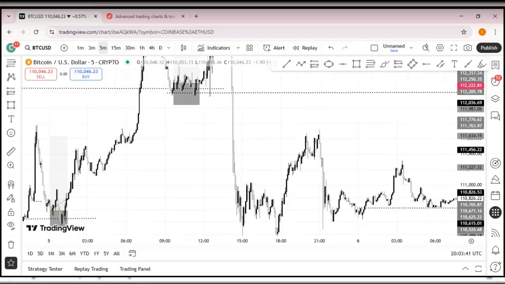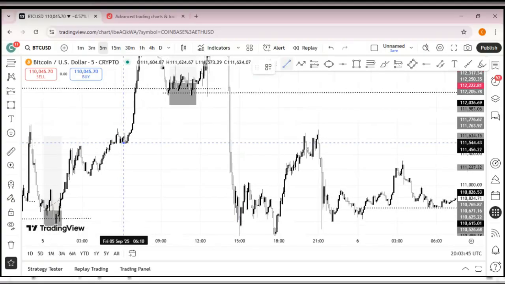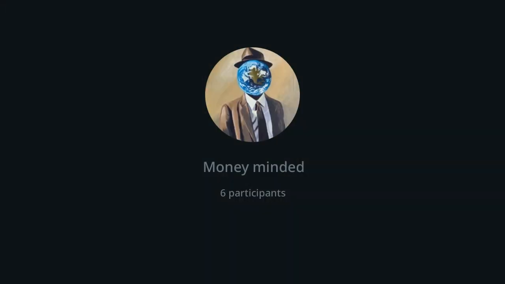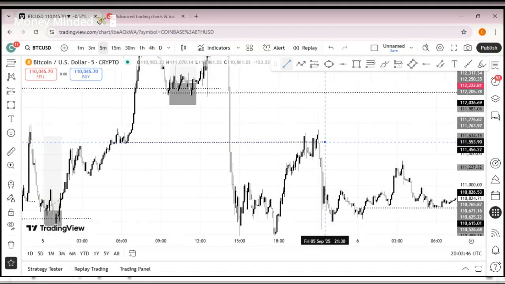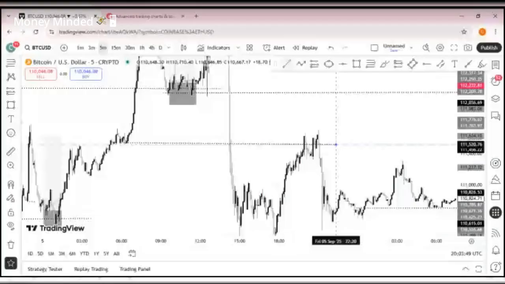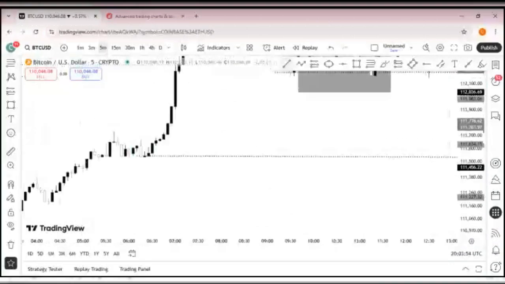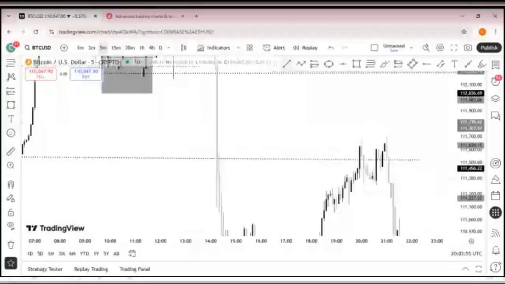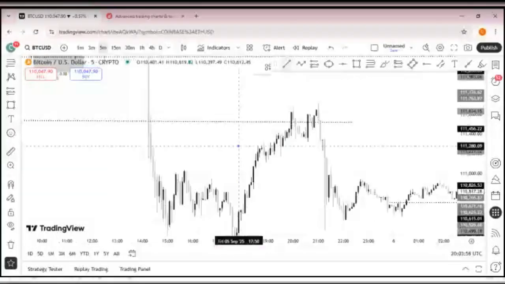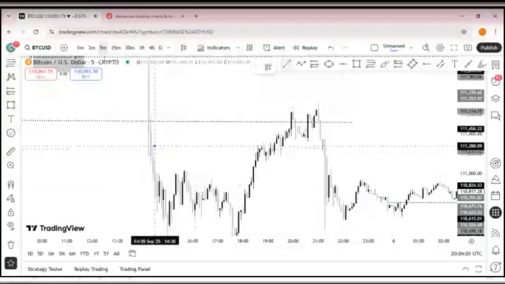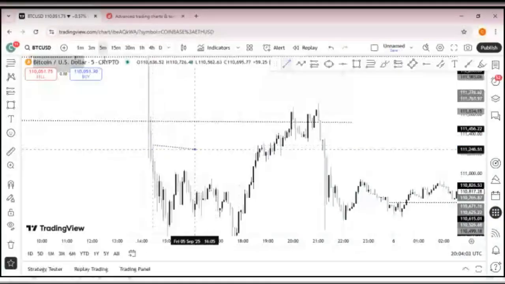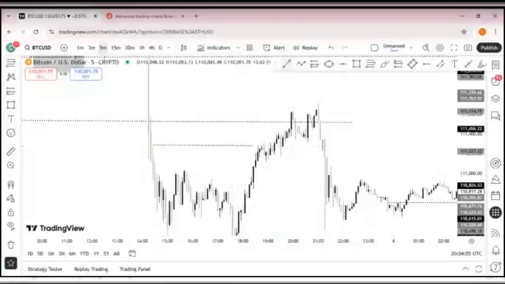You can also see this zone now. This zone hold. Yeah, you can see that place is actually a pullback. It is an order block that was supposed to hold, but price broke past it. You can see the order block there. So this is another breaker block, and this candle here is our single candle inducement.